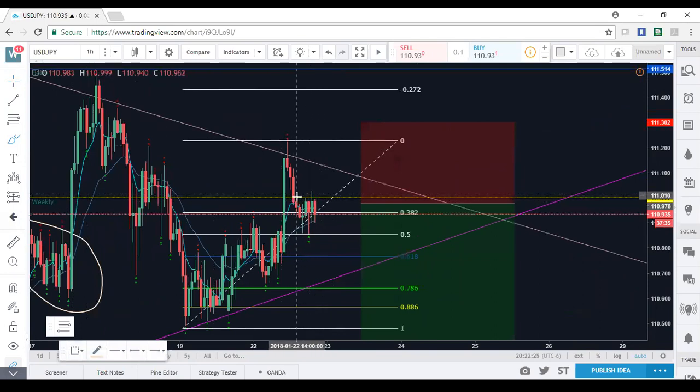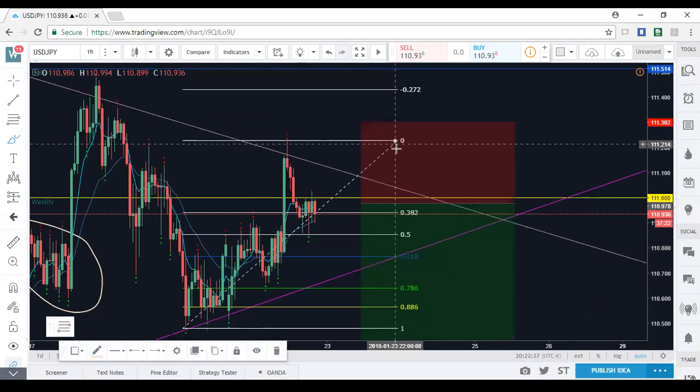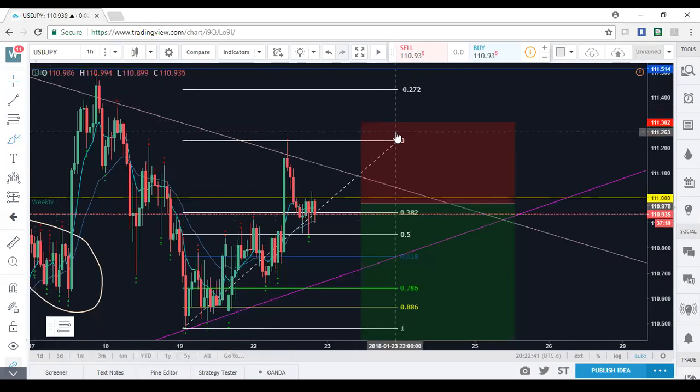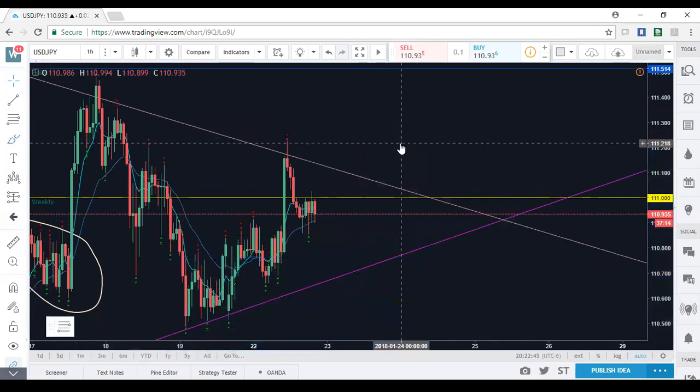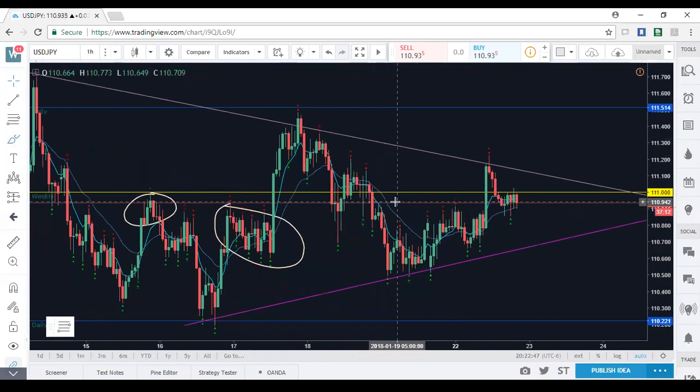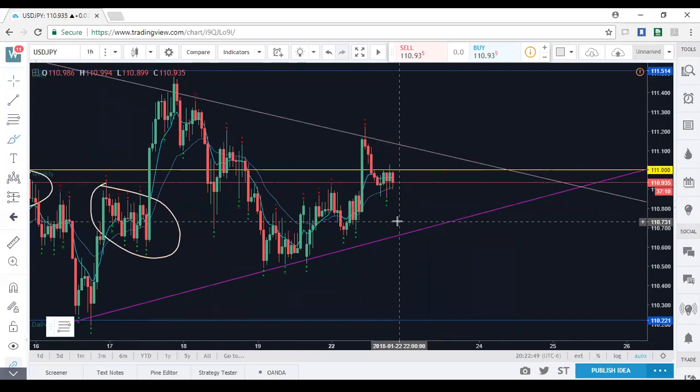So this little area right here is what I'm talking about. Well, actually, let me highlight it for you.